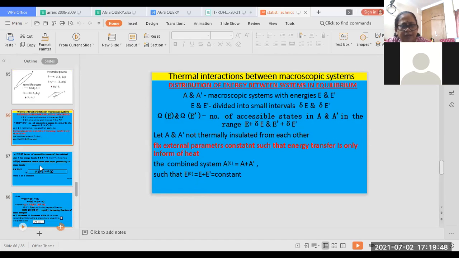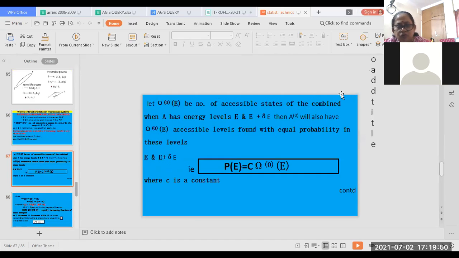Now I went to the calculation of the total probability of the whole system. The whole system is system A, made up of two systems: A and A dash. Let omega 0 E be the total accessible states for the entire system.